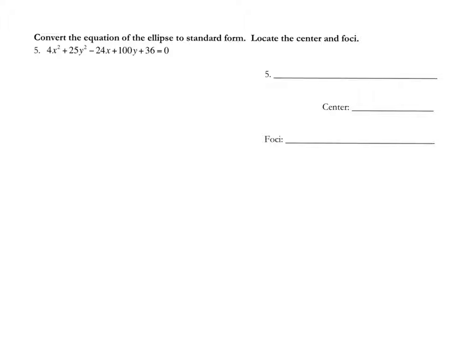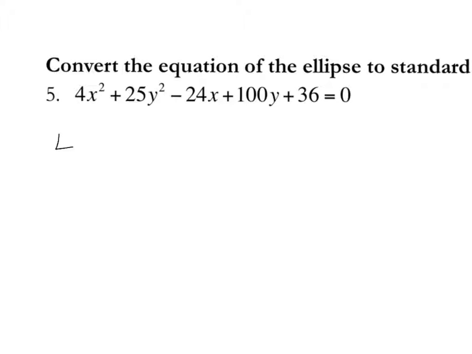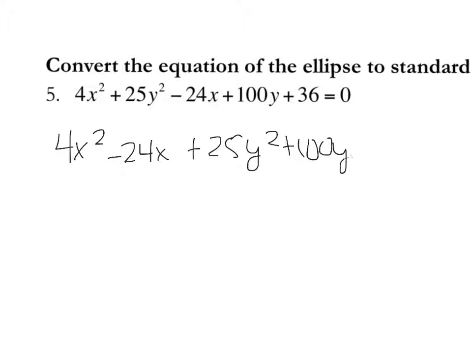Number 5, we have to convert it. So this is where we need to make sure we're setting this up correctly. I'm going to first reorder everything. It's going to be 4x squared minus 24x plus 25y squared plus 100y, and then kick that 36 over the other side, so -36.